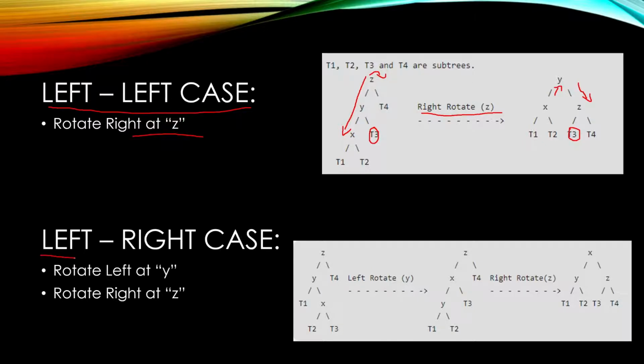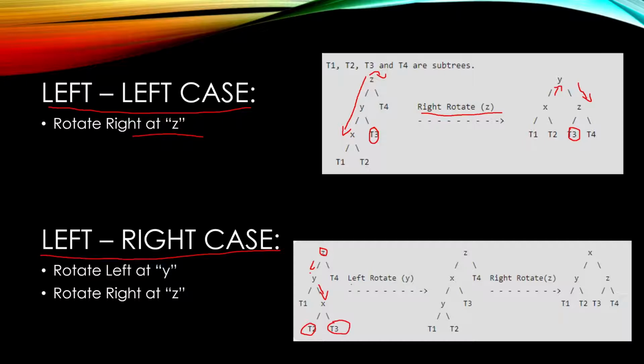And then the other case is a left-right case. In this situation, you move left from Z, and then in order to continue following the node that you inserted, which could have been in T2 or T3, you would have had to go down to the right. Because you went left and then right, the case is called a left-right case.